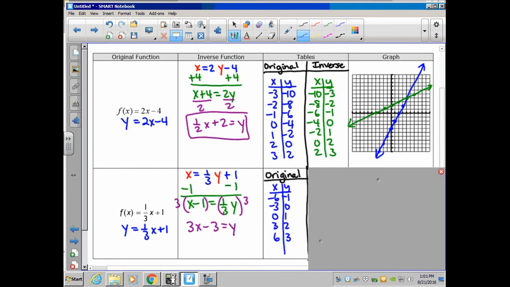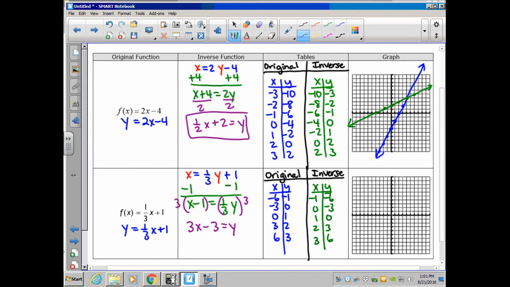Graph the original function. Okay, switch the x and the y either in the table, or you can just simply in your calculator graph y equals 3x minus 3. And there you have it.